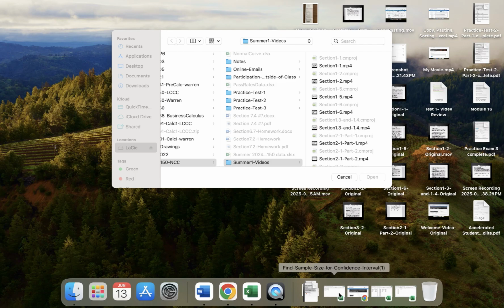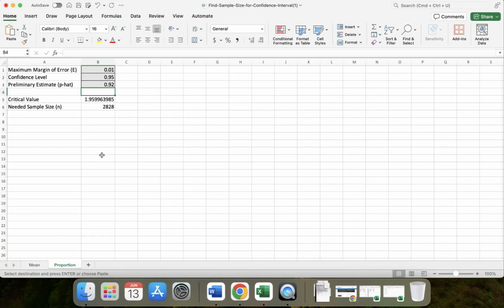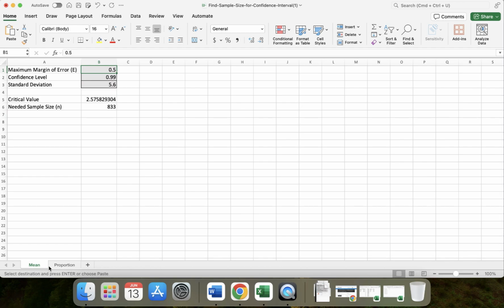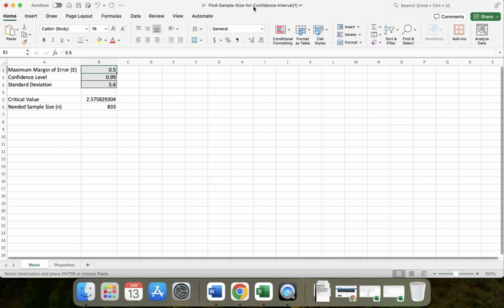Sometimes you'll do this calculation and then the size of the sample will be ridiculous, and you'll say, okay, that's impossible. Very often you'll have to change what your specifications are for the confidence interval. But this is a check to do before you actually collect the data, just to make sure it's a feasible study.